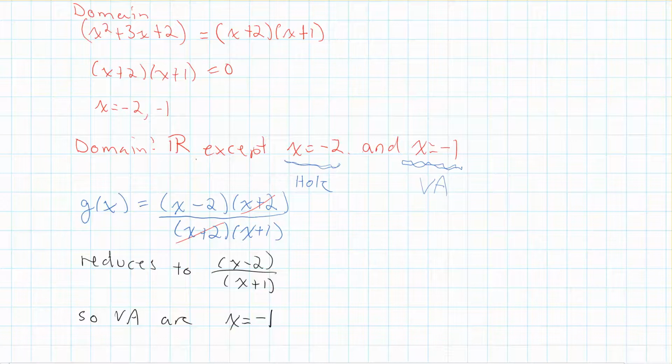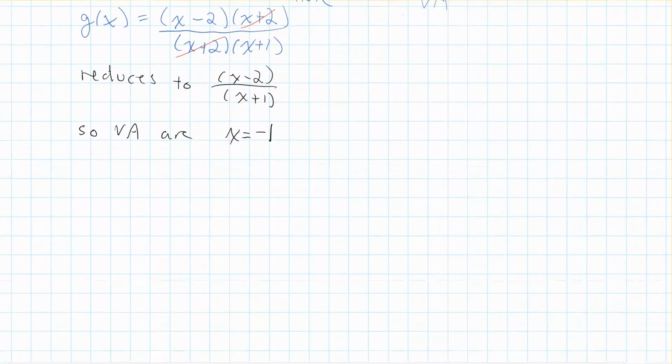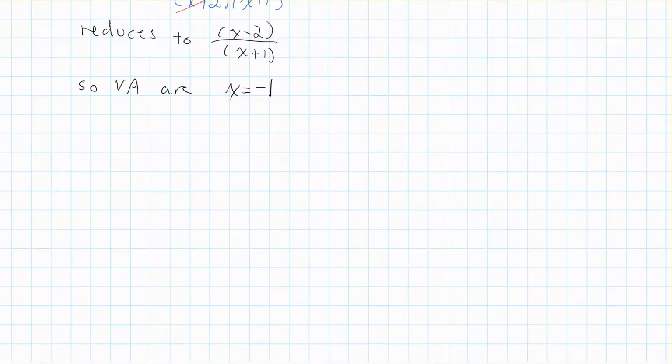in those reduced forms. All right, so let's talk about how we can find the horizontal asymptotes. So horizontal asymptotes, well, some texts like to come up with this elaborate kind of way of finding it.